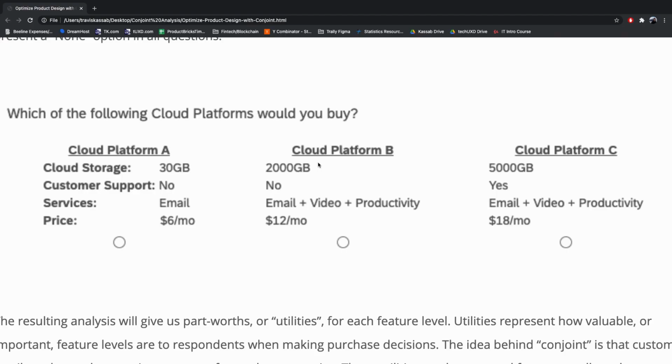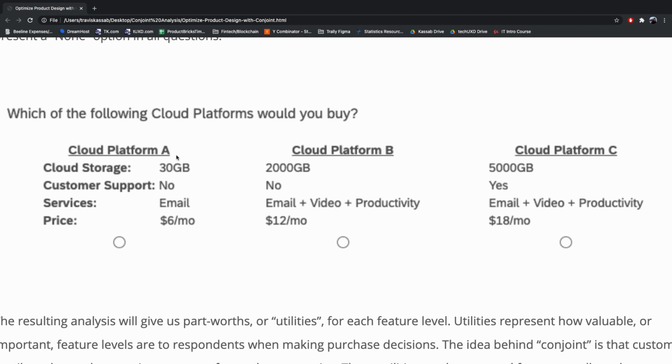Now, the choice-based comes in when we're actually thinking about the way that we're going to ask these survey questions. So what we do is we present multiple product concepts at a time in each question to the respondent, and we ask them, which would you buy? And each of these product concepts, and these are called alternatives in this type of study, has varying levels for each attribute.